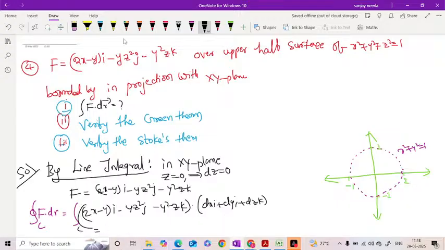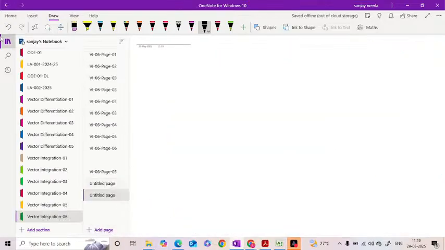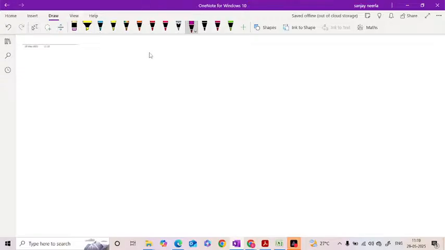After doing the dot product of these two vectors, we get (2x minus y) dx minus y z square dy minus y square z dz. But here we already know that z is equal to 0 and dz is equal to 0. So this total integral now becomes the integral of (2x minus y) dx, the rest being 0 minus 0, on the curve C.